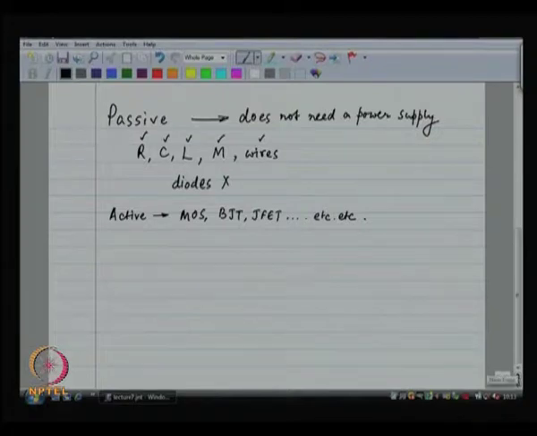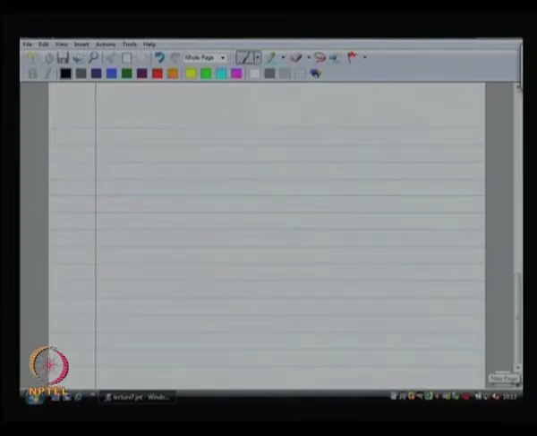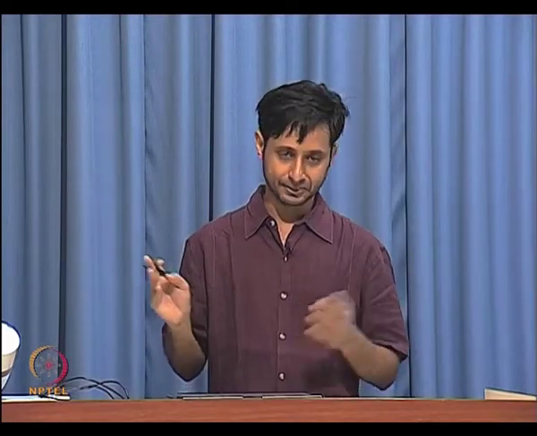Okay. So, first resistors. How do you make a resistor on an integrated circuit? Not all integrated circuit technologies directly offer resistors, but most RF processes do offer resistors.